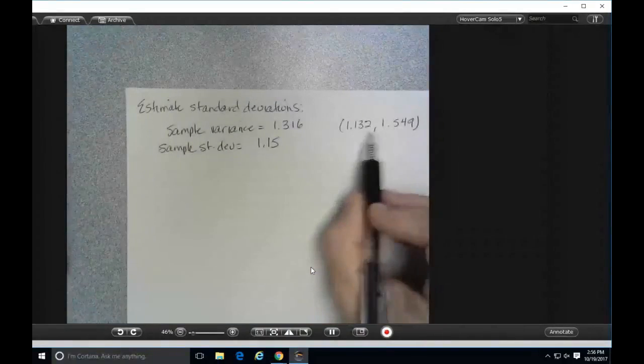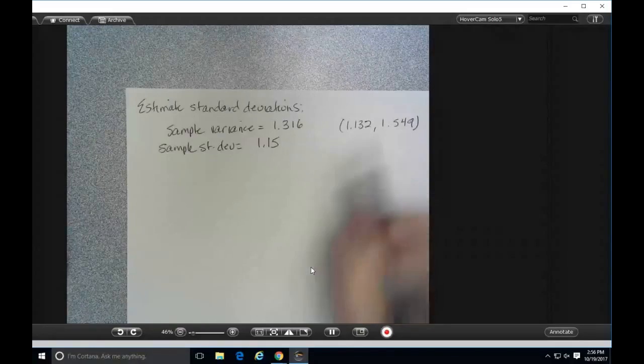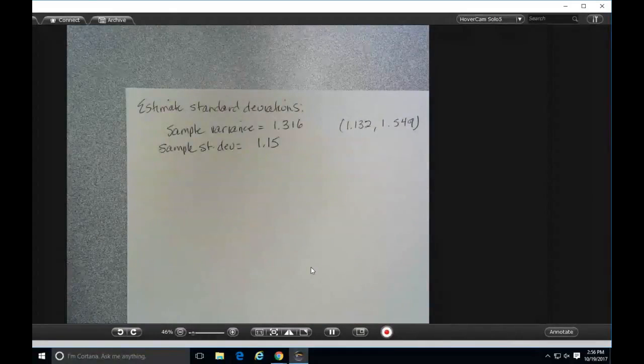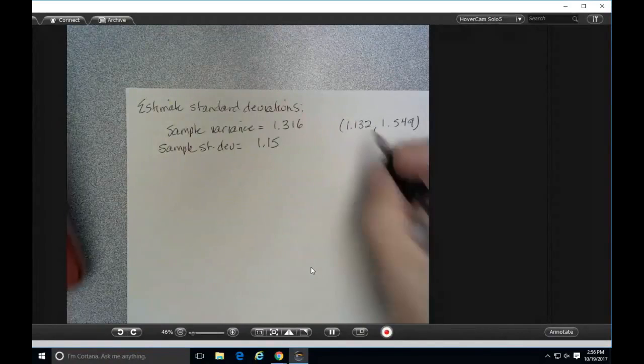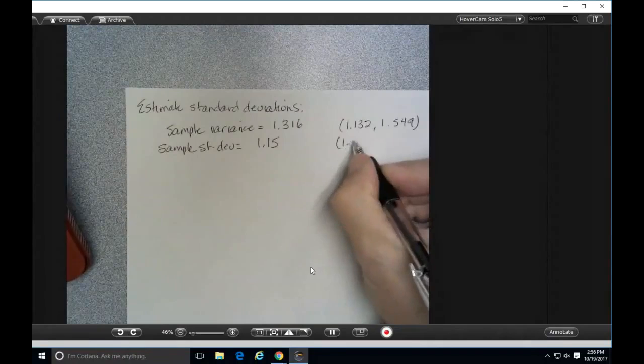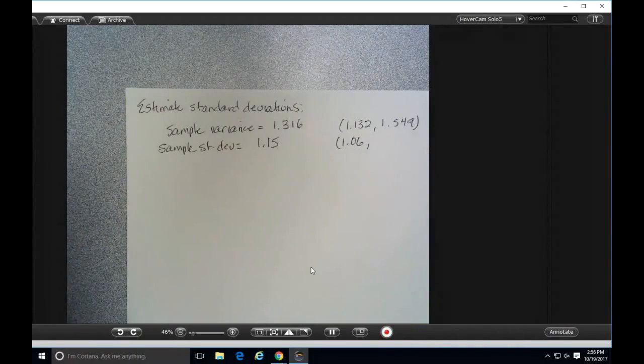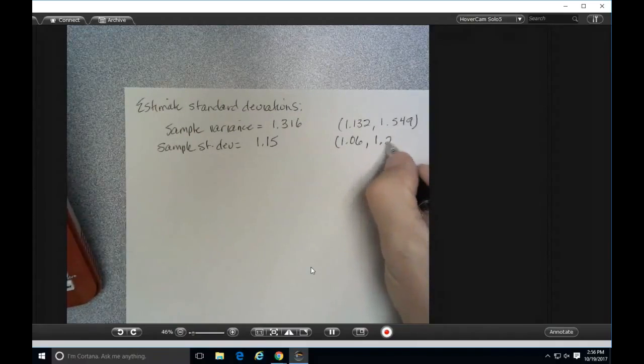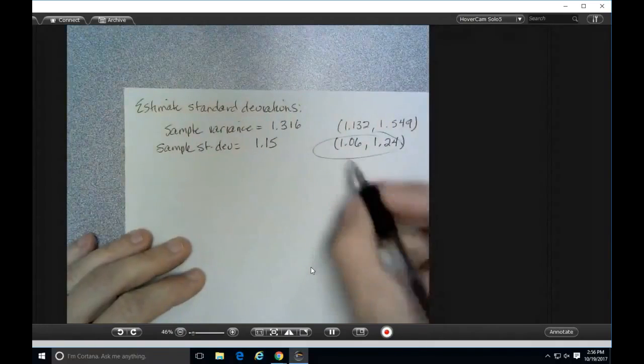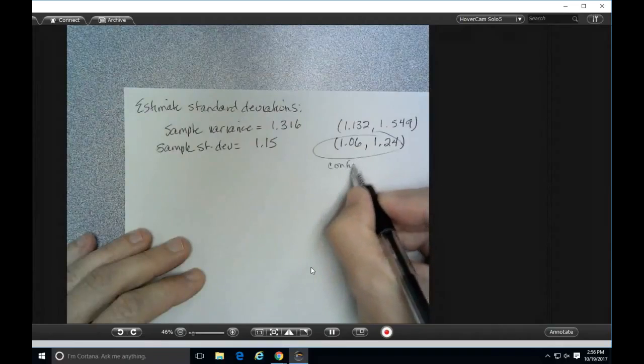And then for my confidence interval, I'd have to take the square root of each one of these two. So the square root of 1.132 would give me 1.06. The square root of 1.549 would give me 1.24. This is my confidence interval for my standard deviation.